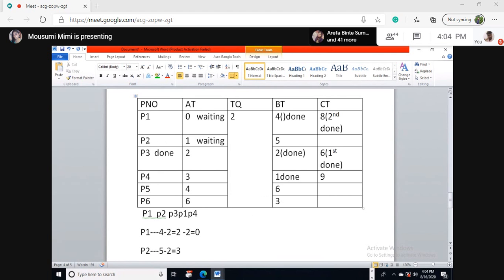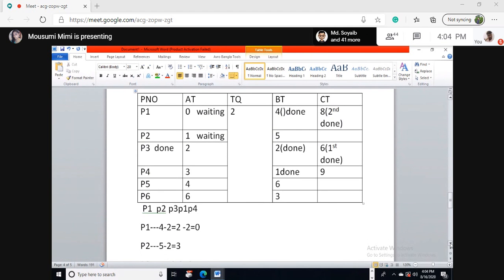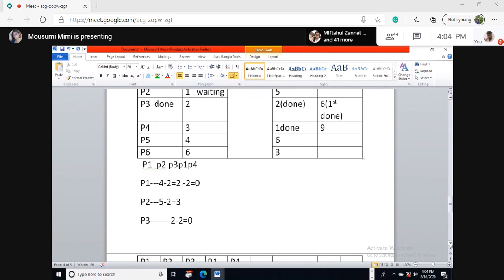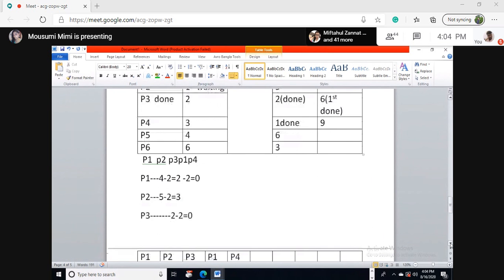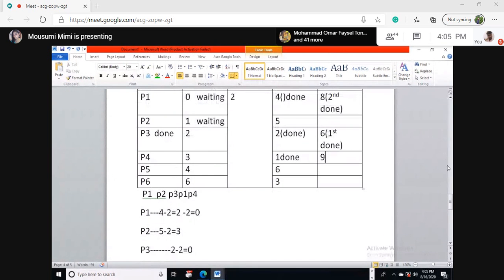So I will take the waiting state process first. So that's why I will take my process 2 here.